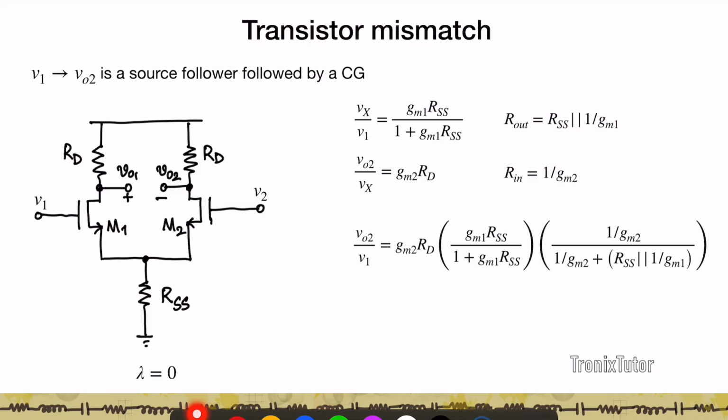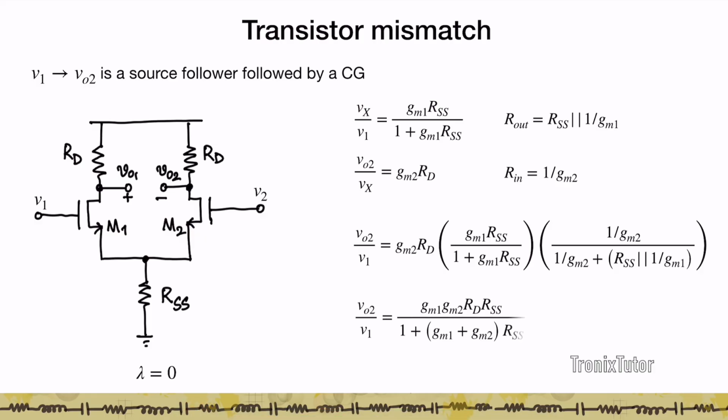Therefore VO2 by V1 is GM2 RD, which is the gain of the common gate, times the gain of the source follower, times the resistive division between the output and input of this cascade, which is 1 by GM2 divided by 1 by GM2 plus RSS parallel 1 by GM1. And when you collect these terms, you get VO2 by V1 is GM1 GM2 RD RSS divided by 1 plus GM1 plus GM2 into RSS.